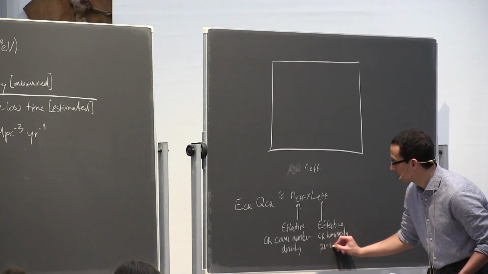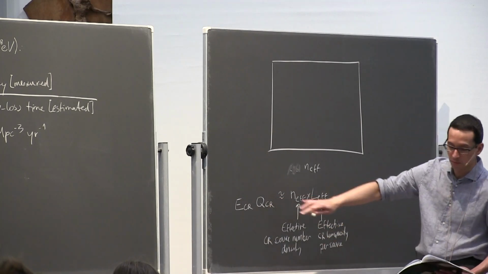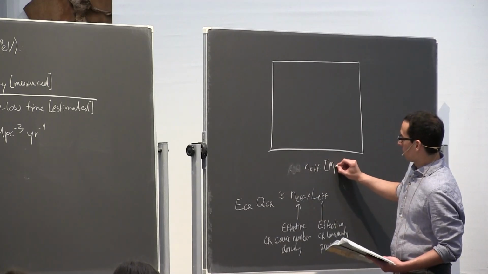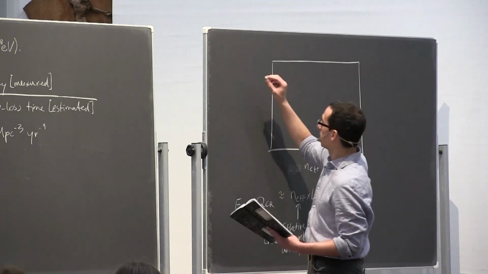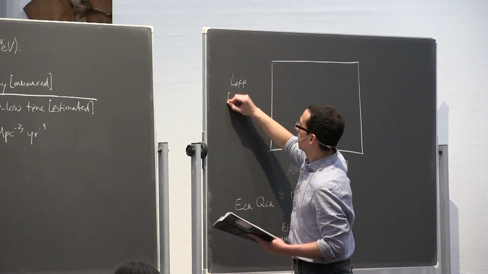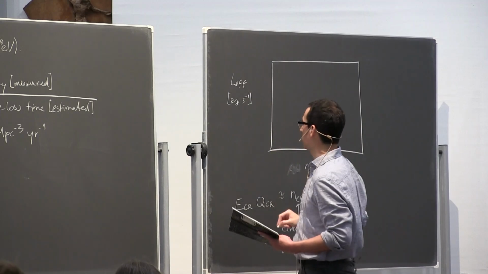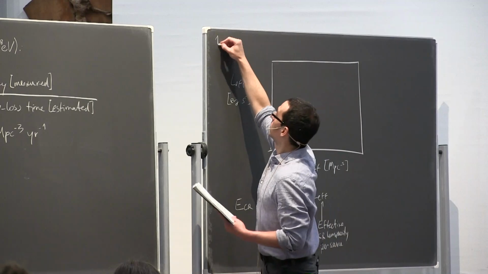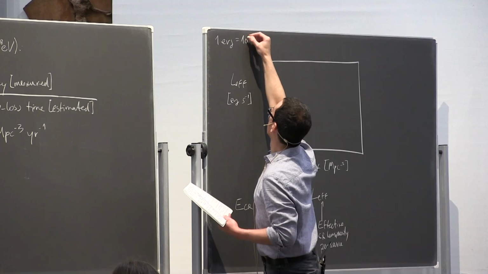This is for one source, so you multiply these two numbers and you get the total from the whole population. This is in cubic megaparsecs, and this is going to be L effective in, again, as I said in the beginning, astrophysicists like to mix CGS and SI units, so it's in ergs per second. And 1 erg is, I always have to look it up, 10 to the minus 7 joules.